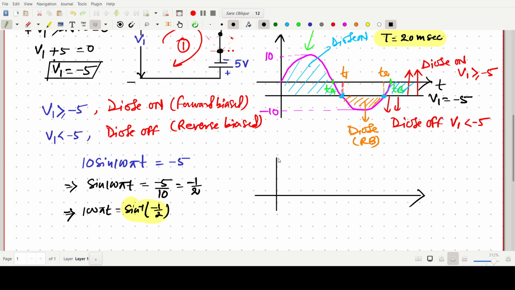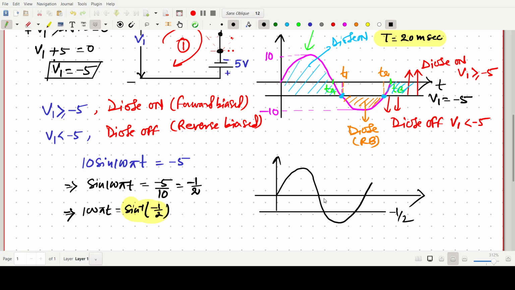It is very simple. If you know the sine graph, one value is minus 1 by 2. Minus 1 by 2 will be in the middle, and this one is 1, so draw the minus 1 by 2 line.